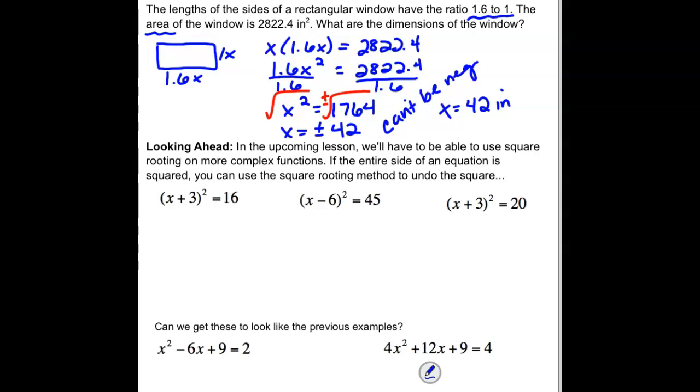Now, the second part of it, it says, what are the dimensions of that window? So we need to take 1.6 times 42 to get the other side. So this would be the width, and then the length is 1.6 times 42, which comes out to be 67.2 inches.